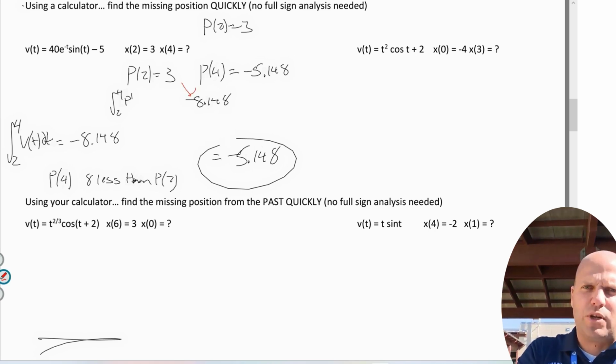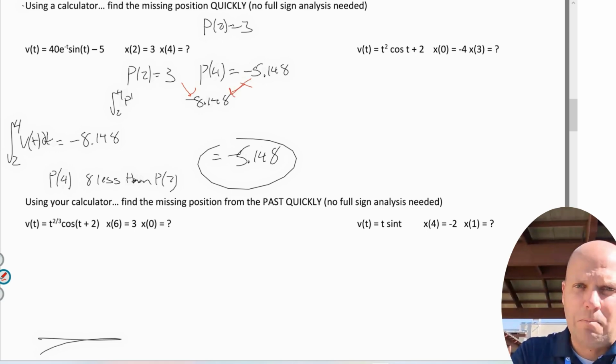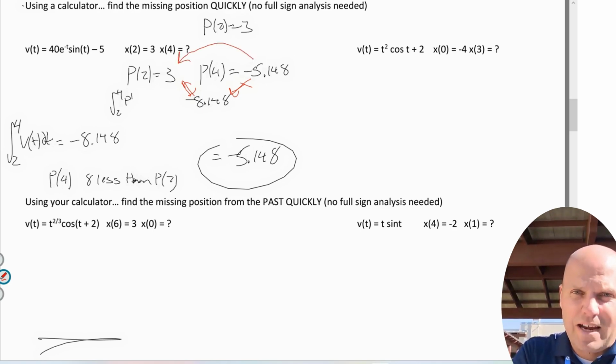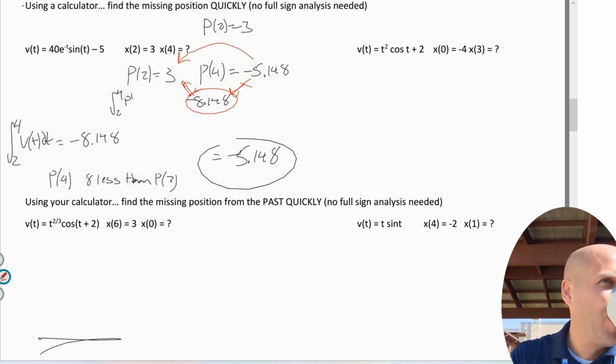This position plus the change in my position gives me my future position. This minus the negative 1 gets that. This minus this gives me that. That's actually calculus. We'll see next class.